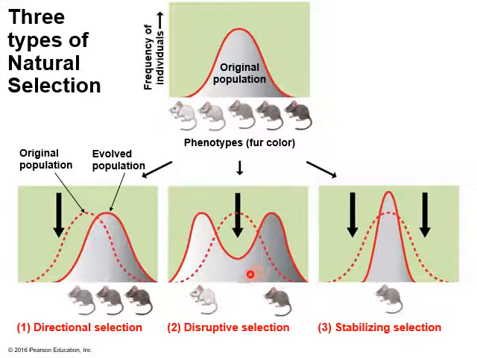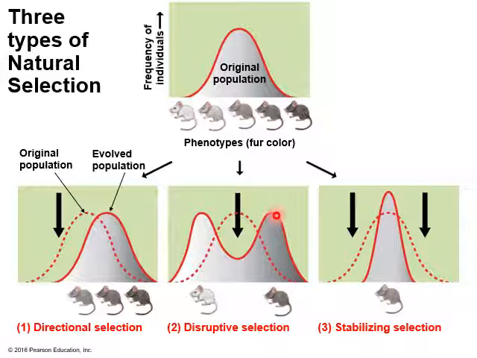Sometimes you can have what's known as disruptive selection, where essentially the individuals in the middle have all disappeared. And now we only have really light individuals or really dark individuals. This is what you find in certain populations of mice in the American Southwest. In parts of the Southwest, you will find really dark volcanic rock, and you'll find really light sandstone rock.